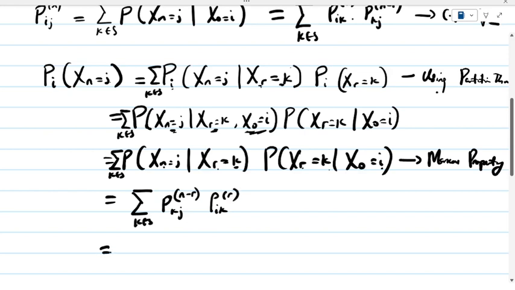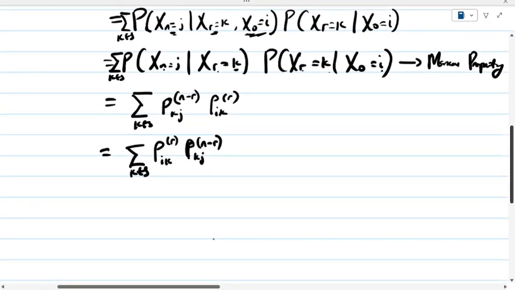So I can rewrite this by this phrase, that is the probability of I to k over r and the probability of k to j over n minus r.